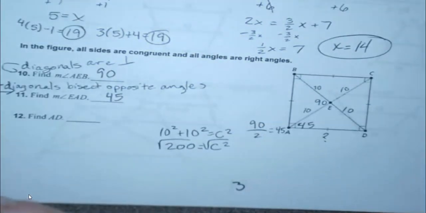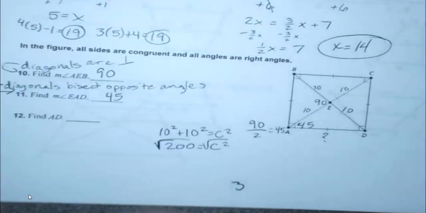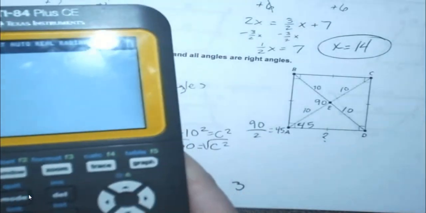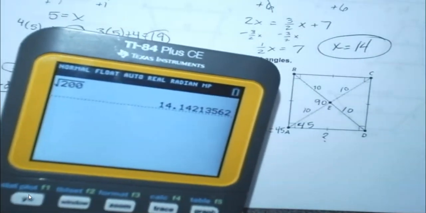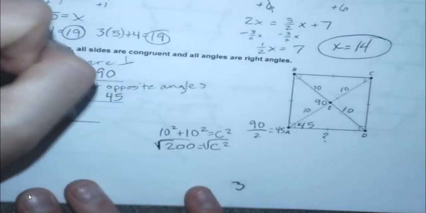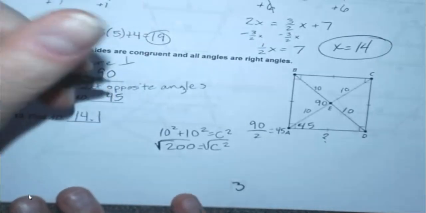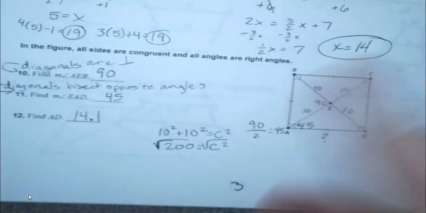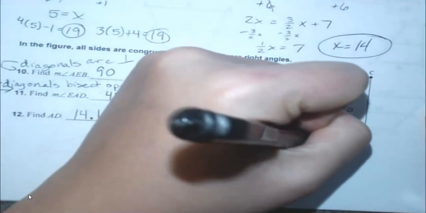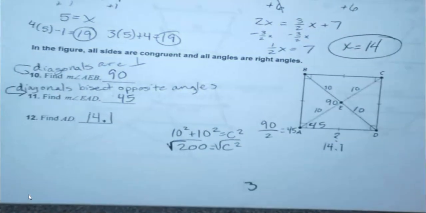Later on this year, you will learn how to simplify radicals. Some of you probably already know how, but we'll do that later. But for right now, it's going to be a decimal. And square root of 200 is 14.1. And that's approximately the length. And then all four sides are 14.1 units long.